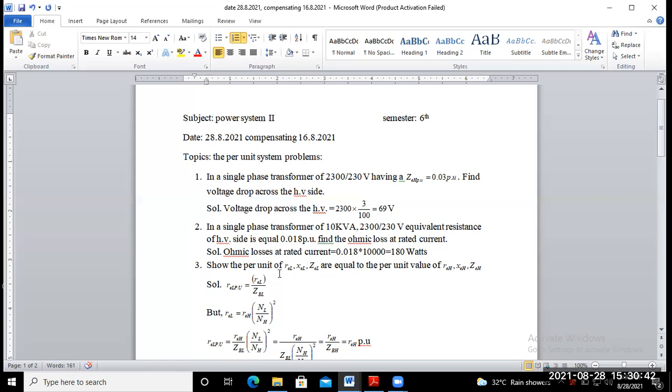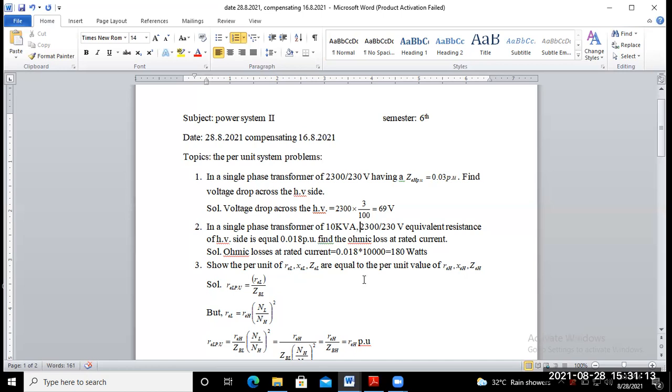So the per unit values of REL, XEL, ZEL are equal to the per unit values of REH, XEH, and ZEH. What is represented here? REL, that means suffix EL, and suffix EH.